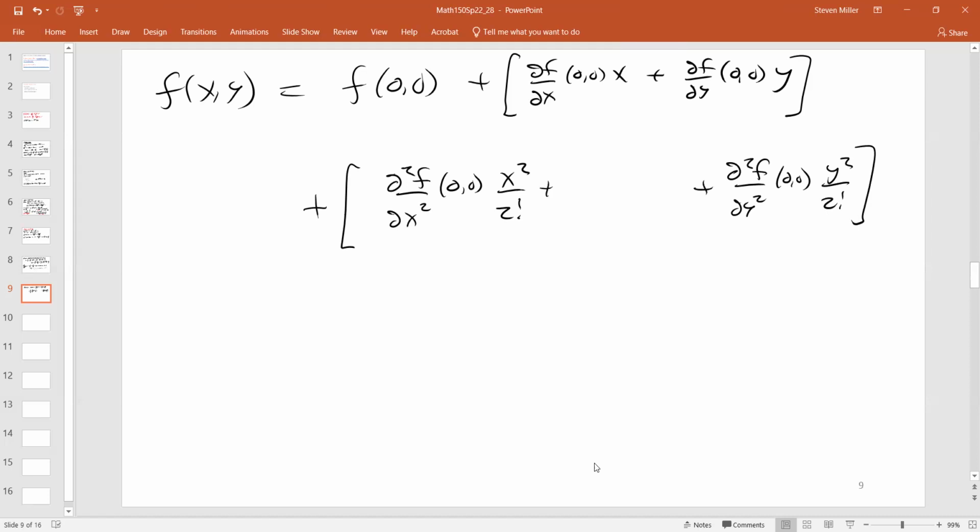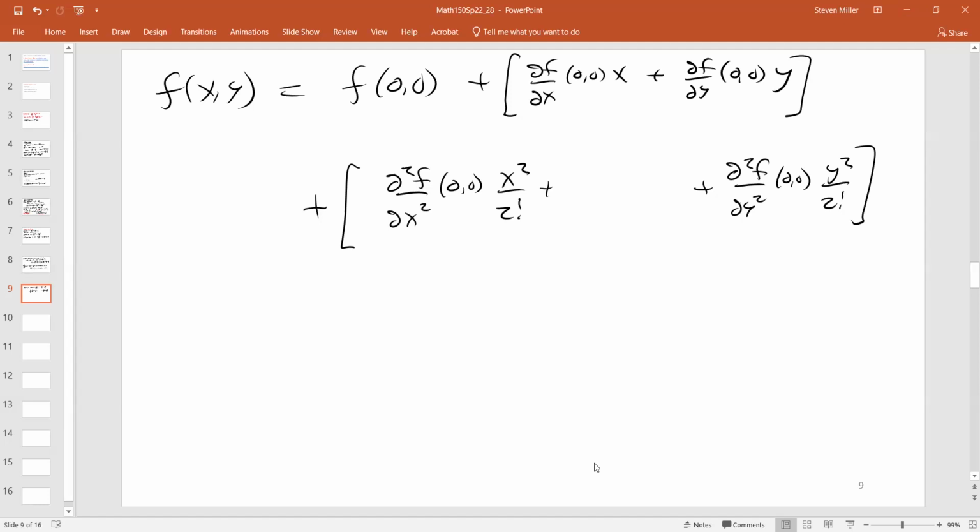And what's the remaining thing I could have? What else could I have? What's the only other way to get a second derivative? I could take the derivative with respect to x twice, the derivative with respect to y twice, or do each one once.